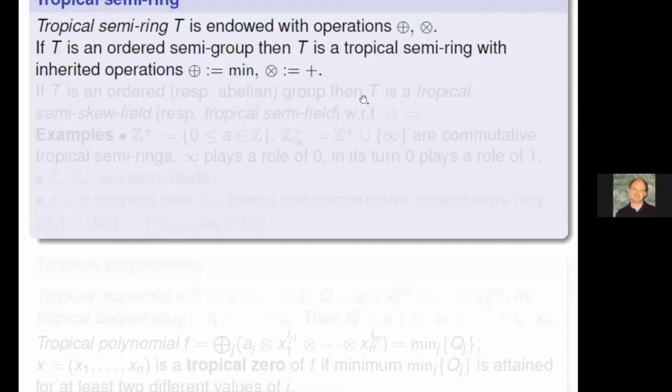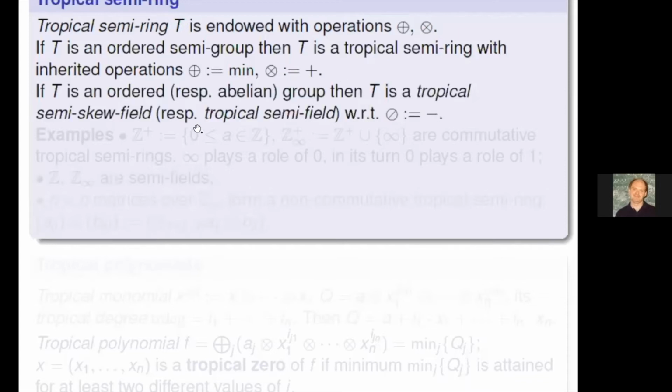Okay, and moreover, if you start not with a semi-group but rather with a group, you can talk also about the tropical semi-skew field with respect to the operation of tropical division, which is the subtraction in the classical sense. And moreover, if you have an abelian group, then you can talk about the tropical semi-field.